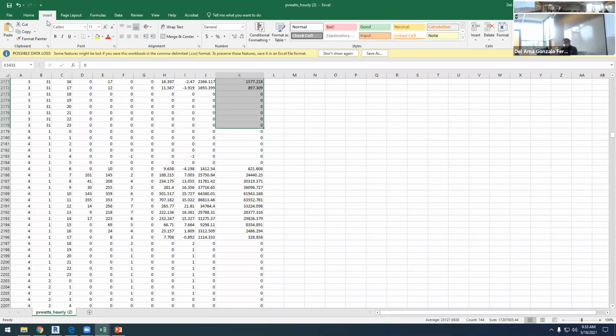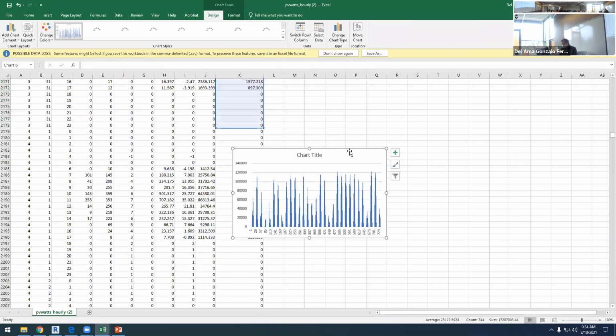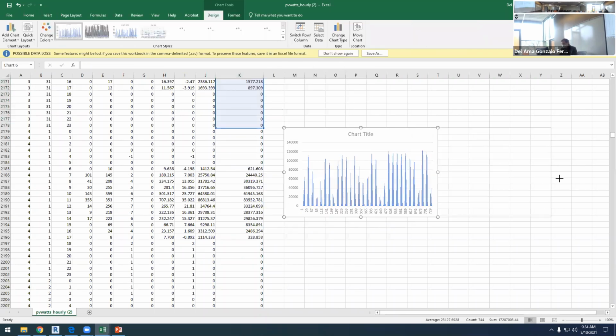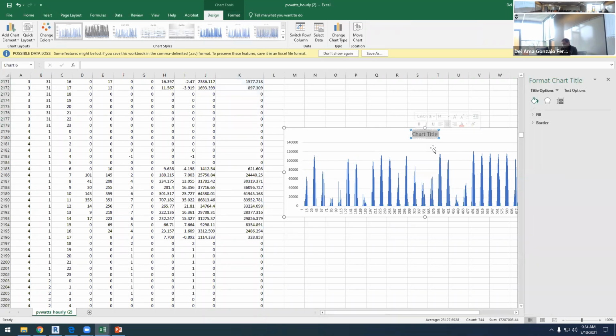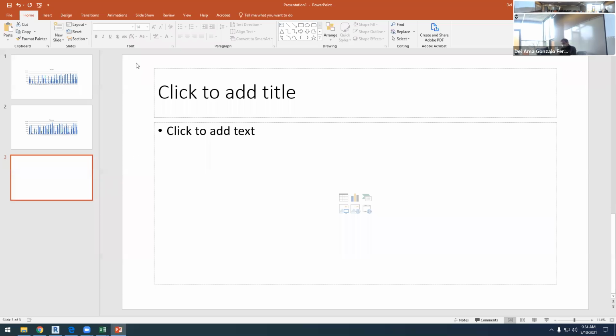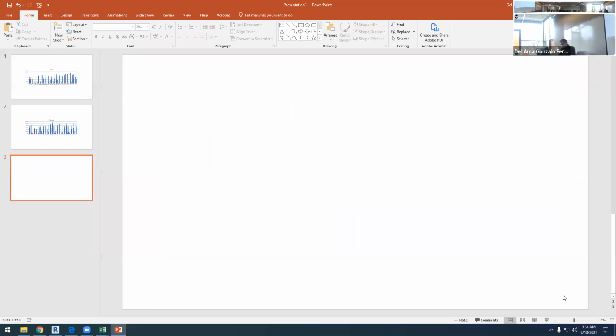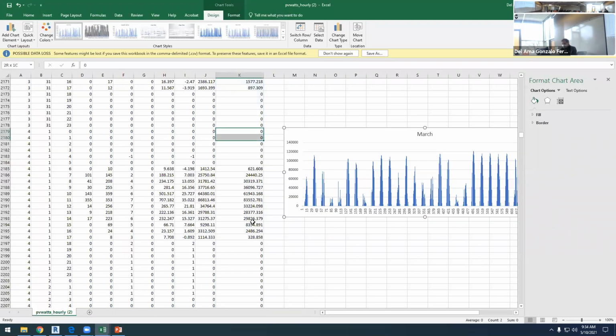We can insert, and we have this chart title, which is March. The next one is April.